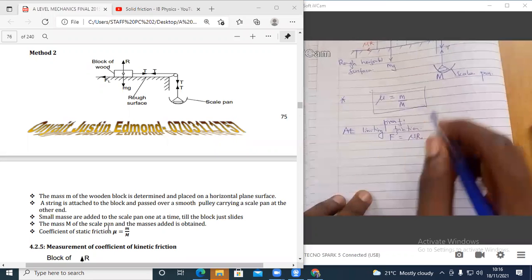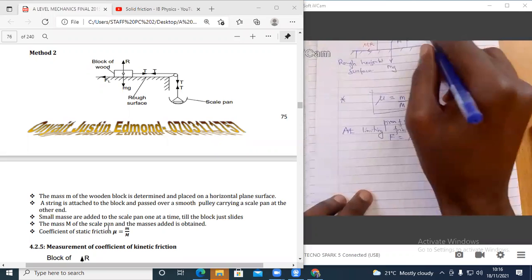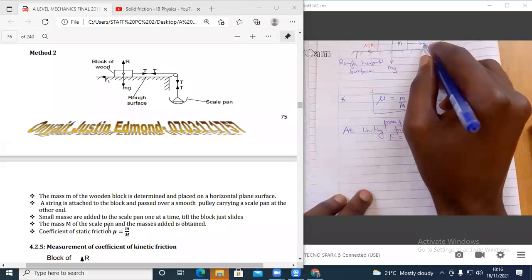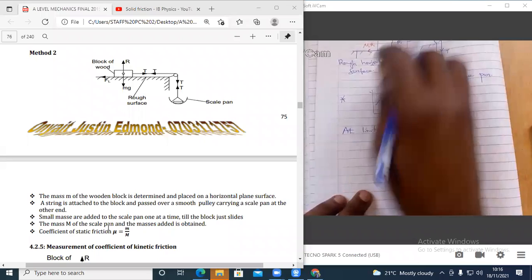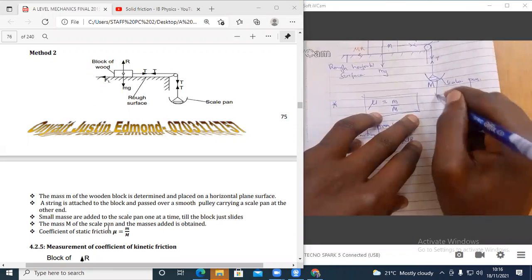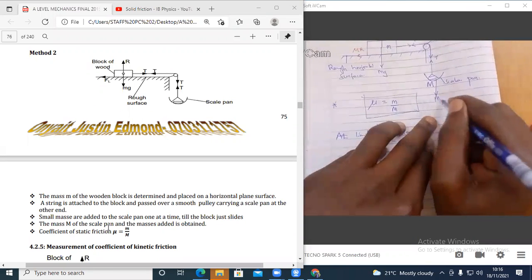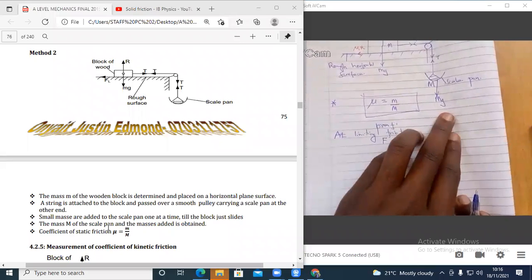And remember, in this case, the frictional force will be the same as the tension. There's weight acting here, and this weight is Mg.